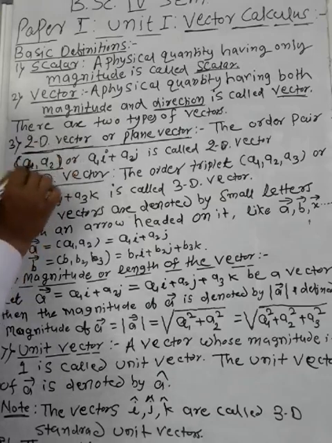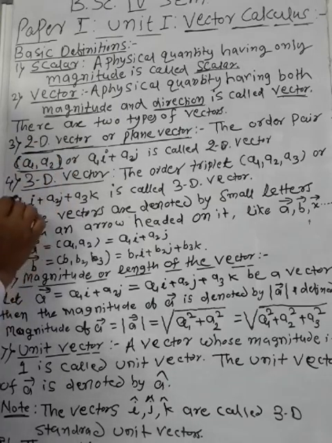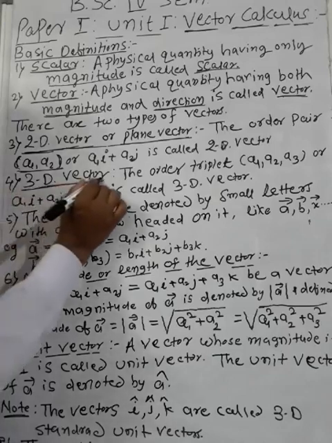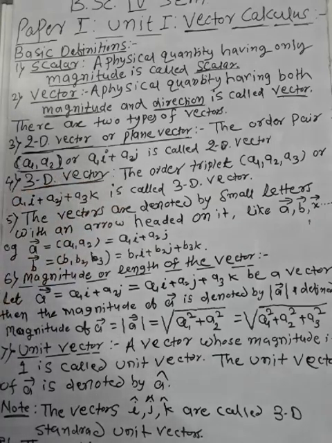The second type of vector is called a three-dimensional vector, which means that in space we are considering three-dimensional geometry.